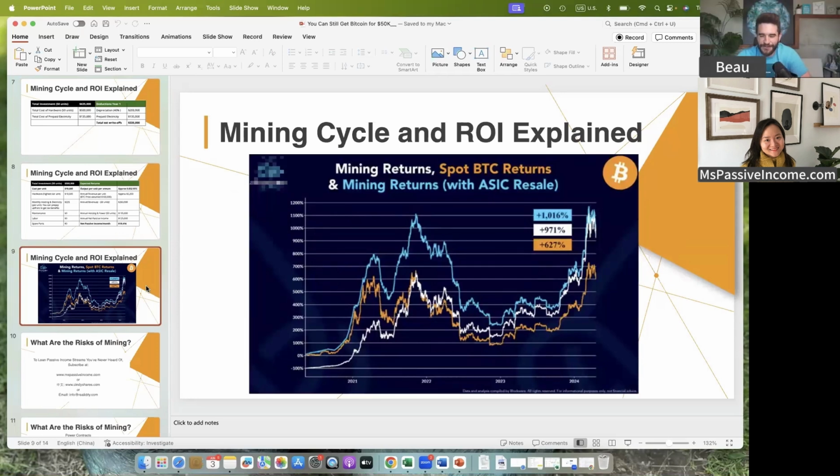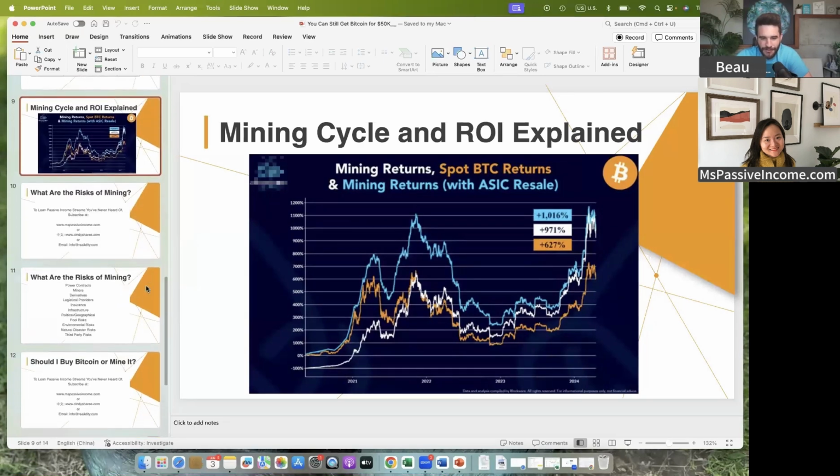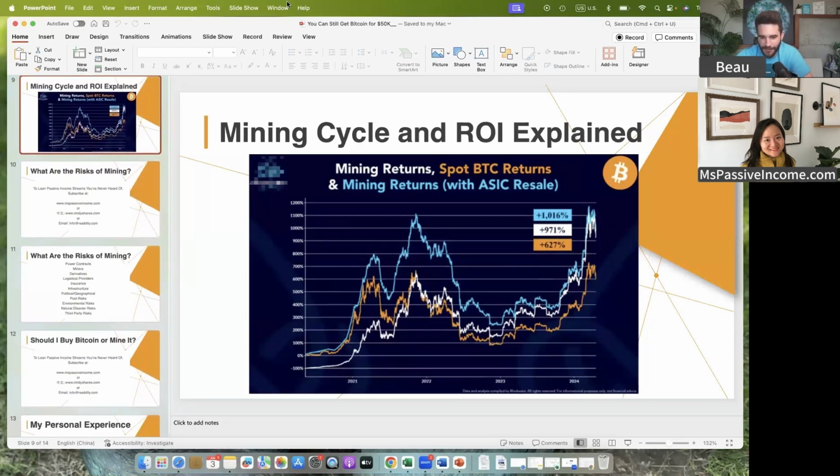The third thing, which we just mentioned briefly, is when done right, mining returns more than just buying Bitcoin with the same capital up front. And the graph that you've got on screen is a comparison for the orange line of if you just bought Bitcoin on day one in early 2020 and held it through the end of 2024, what your return is. And that's 627%.